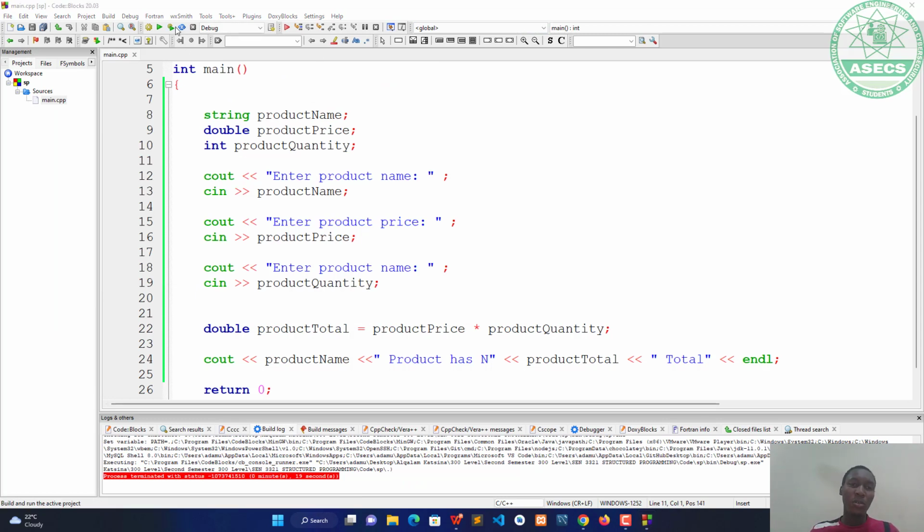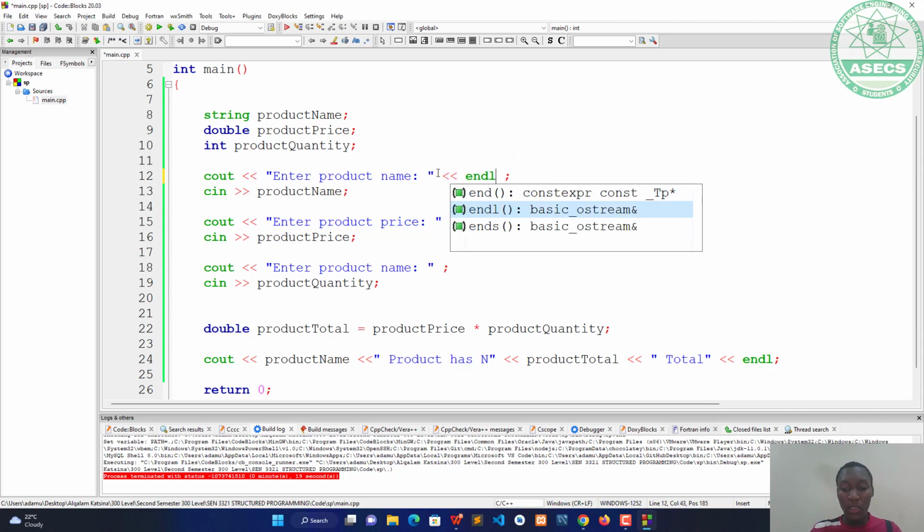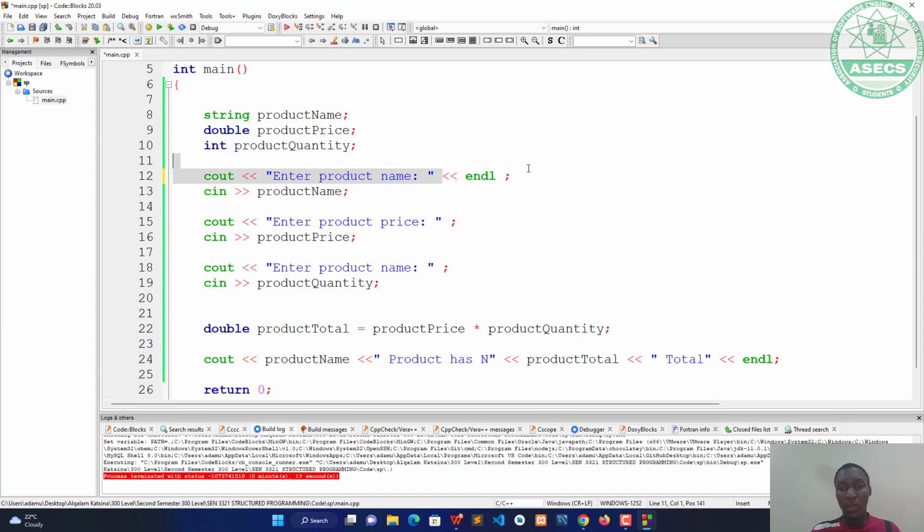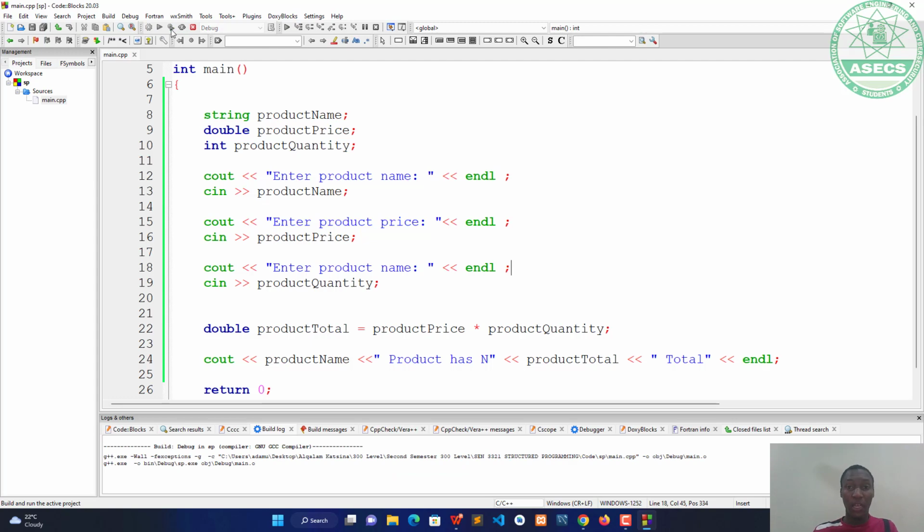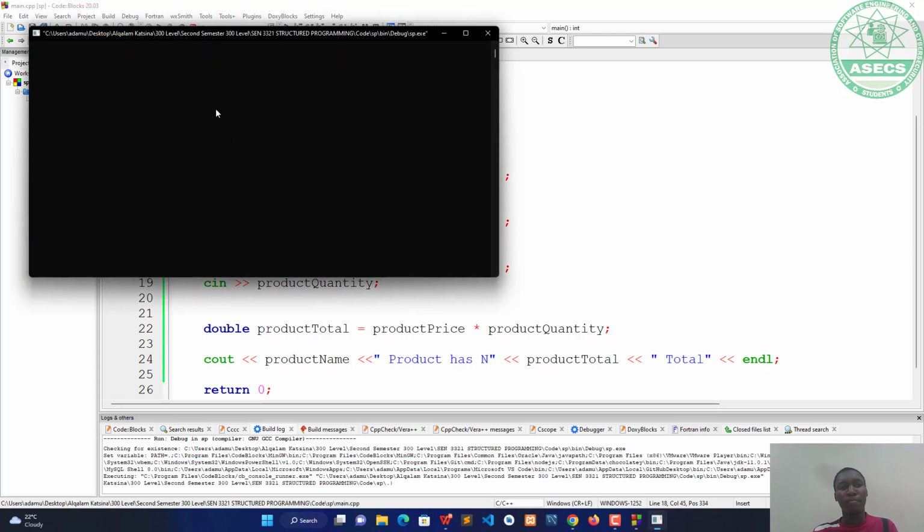As you all know, I tried running something and it gave me some issue. When I entered the first digit, it executed and gave the final result. But I went online and found a solution. The best thing to do is to add this endl, end line, here. That will be better. Alright, I'll add it to this one, and this one. And I guess that's all. So now let me hit run and try it again.